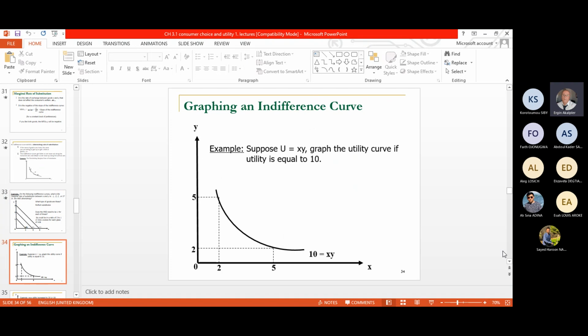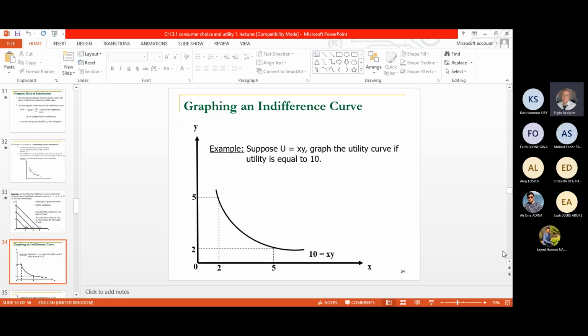When we are graphing this indifference curve with the function, u is supposed to be x and y. The utility function is x times y. And graph the utility curve if utility is equal to 10. Say if the utility is 10, then it is represented as it is given here: 5 and 2, and 2 and 5.